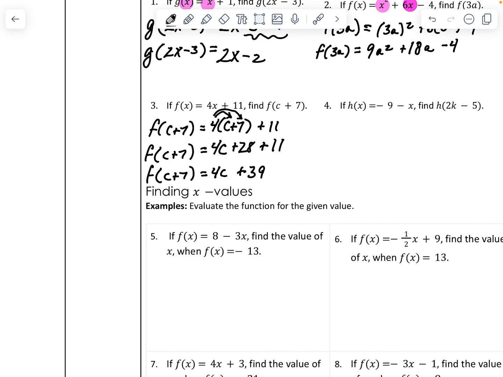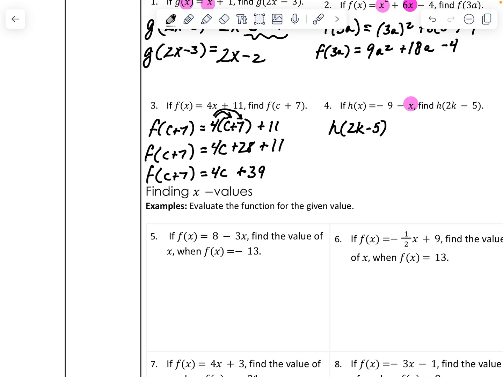All right, so if h of x equals negative 9 minus x, find h of 2k minus 5. So I'm going to take my h and put the 2k minus 5, and wherever I see the x, I'm going to replace it with 2k minus 5.